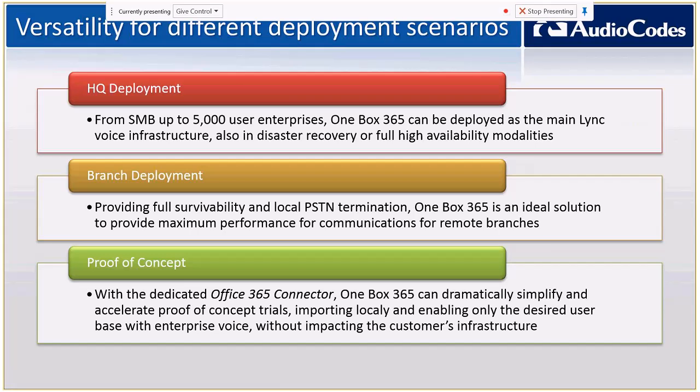In a branch office deployment, you could have full survivability with the OneBox having a PSTN connection at your branch office and Lync running on the OneBox itself. So if you lose connection to your headquarters, you will still have complete functionality in a branch office, which is different than if you just have users at the branch office with no PBX type of connectivity.